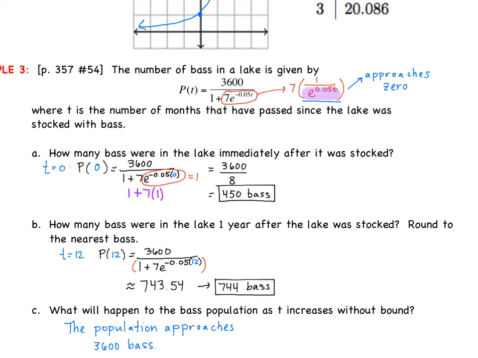So that means we are essentially having 1 over a really, really big number, which we essentially call 0. So this whole part essentially goes to 0.